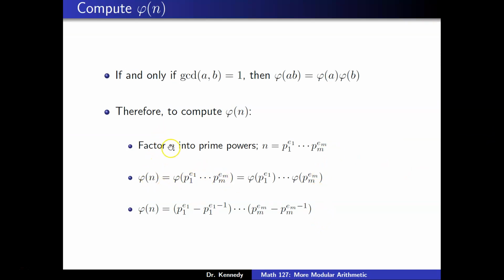You start with n, you factor it into primes, and then you compute the Euler phi of each prime power individually. It's important that everything be relatively prime when you factor it, and that you put all the powers of the prime together when you're doing the Euler phi, because otherwise things will be off.